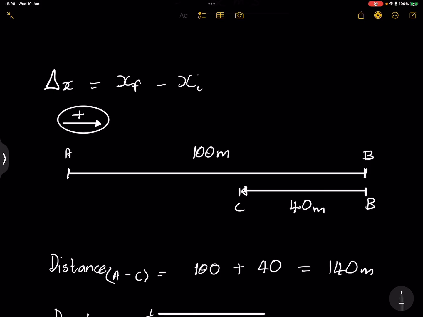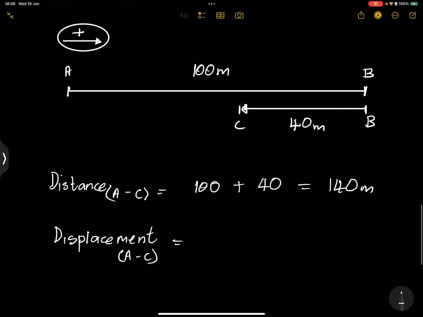So this person was displaced, so it would be displacement, change in position from A till B, plus another change in position from B to C.